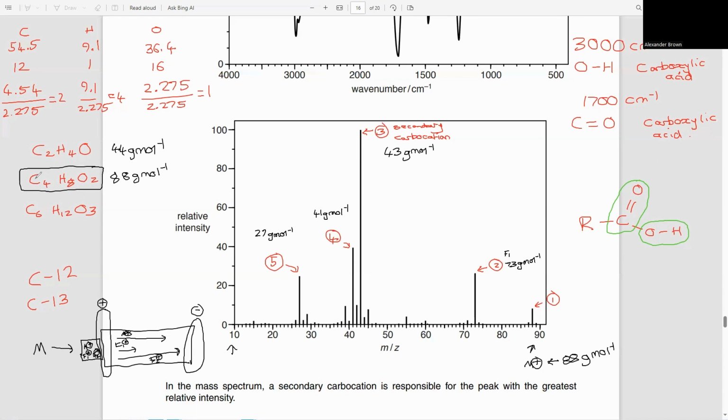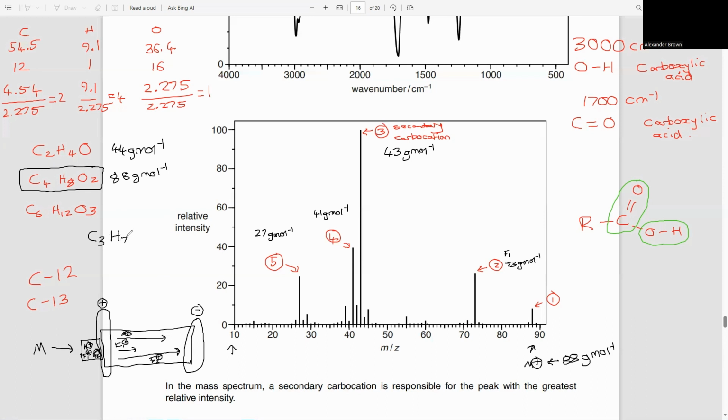So we've got 1 atom of carbon, 2 atoms of oxygen and a hydrogen in our carboxylic acid. So that leaves 3 carbon atoms, 7 hydrogens, and no oxygens left.